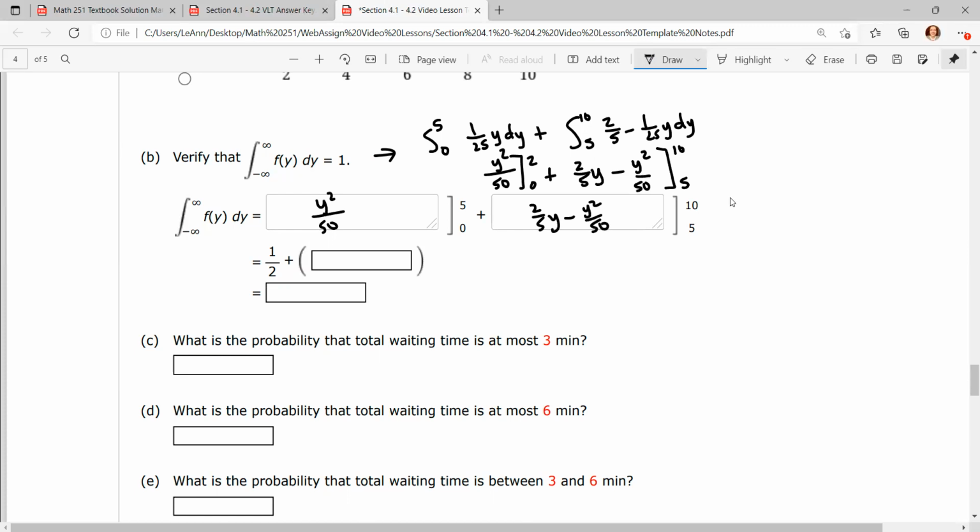Now they already did the first one for you. They said it's a half, but we can show our work. That's going to be f of 2 minus the f of 0 for that first one. And then again, we have to stick to the one we're on. So this will be f of 10 minus f of 5, working within that group.